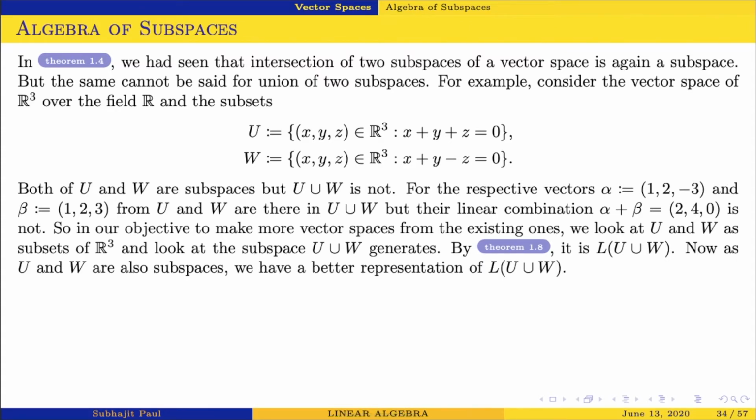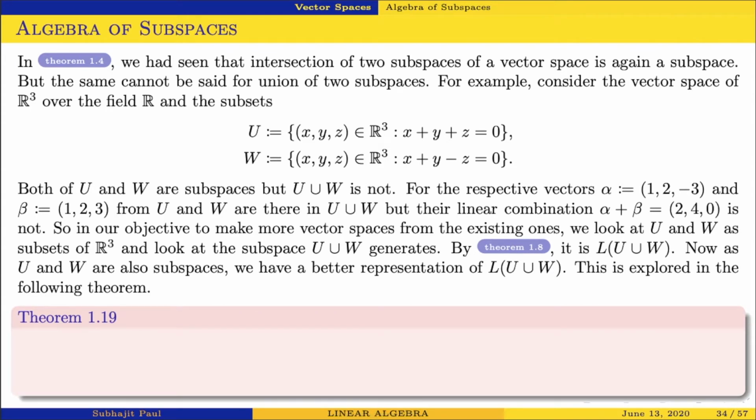Now, as U and W are also subspaces, we have a better representation of the linear span of U union W. The linear span of any set is the collection of all possible linear combinations, but we have a better representation when the sets U and W are both subspaces of a vector space V. This is explored in the following theorem.